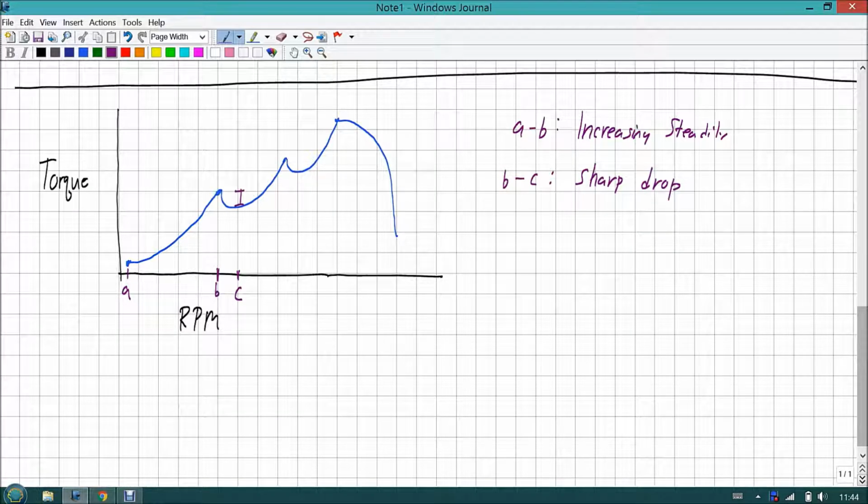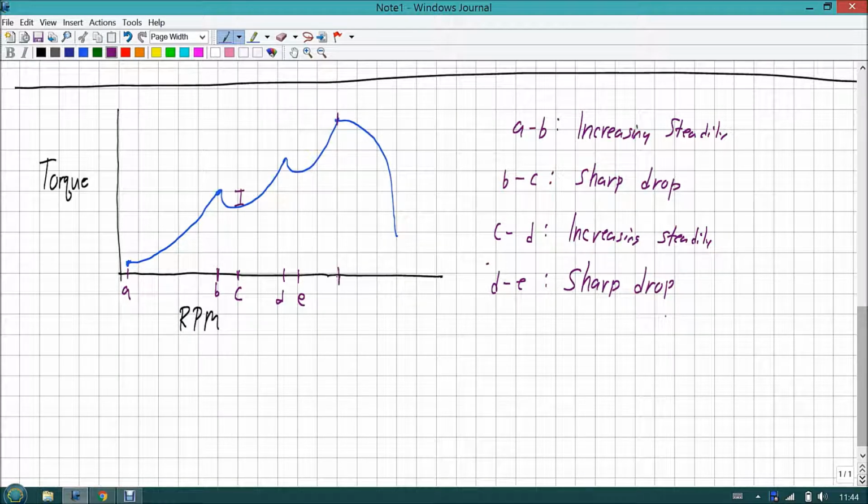But then from C to D, we are again increasing steadily. And then from D to E, we have a sharp drop. And so forth and so on, until we reach this last portion, which is F. And then at F, we have a semi-sharp drop.